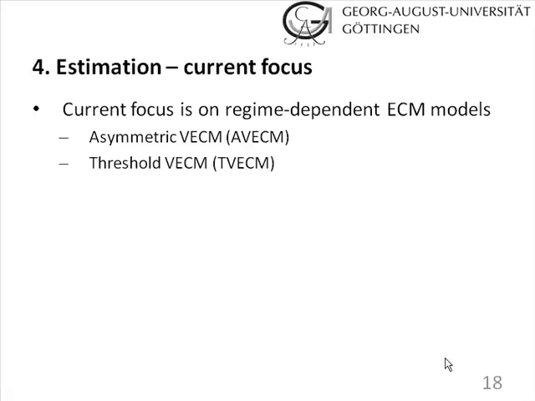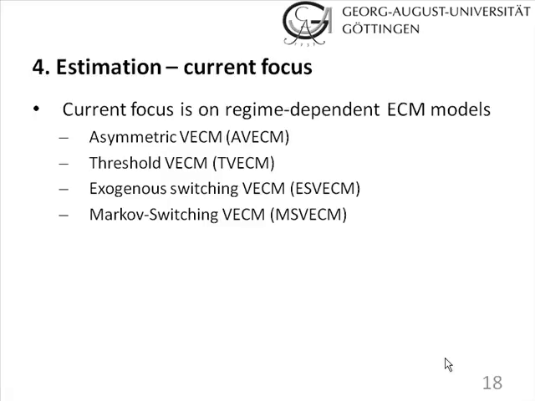We have threshold vector error correction models, which I'll talk about a little bit later. We have various types of exogenous switching vector error correction model. For example, this is the sort of model we would use to look at that case I talked about before with policy interventions, an export ban, for example.